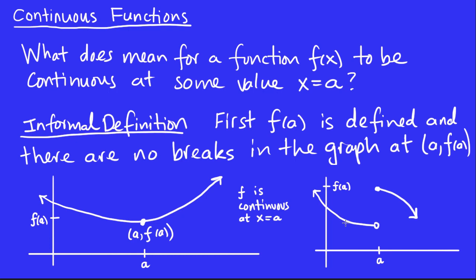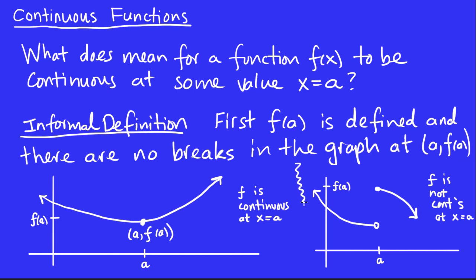Because when I follow the graph here, and then when I hit a, I have to kind of lift my pen from the paper to continue tracing it out. And so we have a break in the graph here, so this function is not continuous. Can I just abbreviate it as cont's? That's just abbreviating continuous. So f is not continuous at x equals a in this particular example.